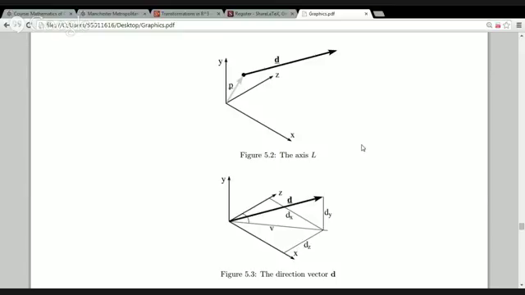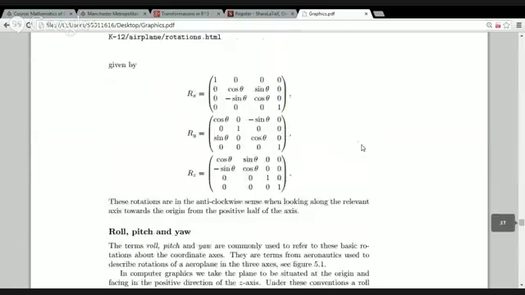Their matrices are fairly easy to understand because they're rotating around the coordinate axes of the system. That means there are lots of zeros in the matrices, and then you just have cosine or sine of the angle. It's quite easy to appreciate where those matrices come from if you draw the simple diagram of rotating something around one of the axes.